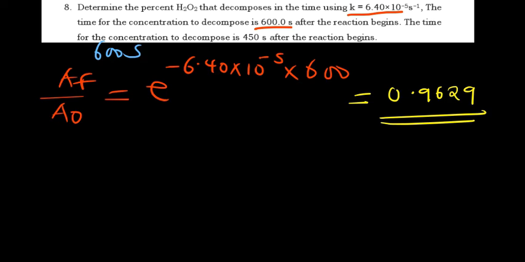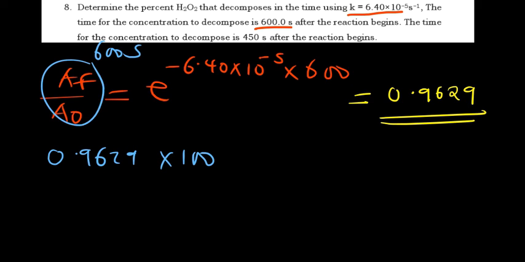In this case, what we found is the ratio of what has remained with respect to what was there at the start. We can express it as a percentage by multiplying by 100. So final over initial times 100 gives us 96.29, which I can summarize to be 96.3%.